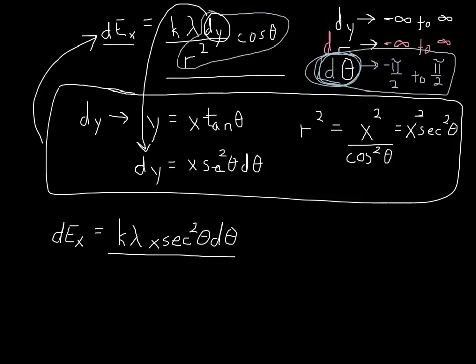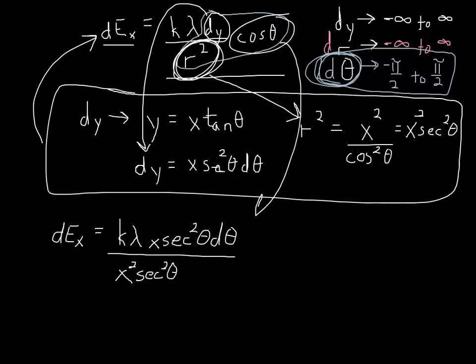I'm going to divide by r squared. Instead of using this r squared, I'm going to plug in my change of variables, where r squared is equal to x squared times secant squared of theta. And then I still need to bring down this cosine of theta times a cosine of theta.